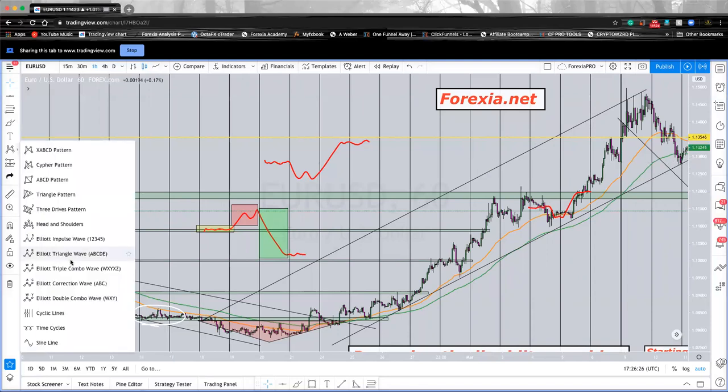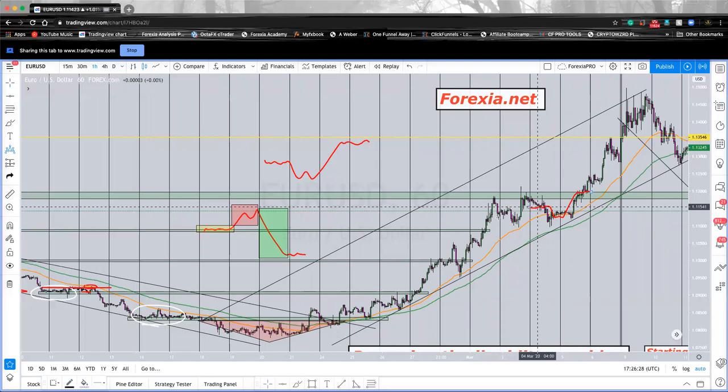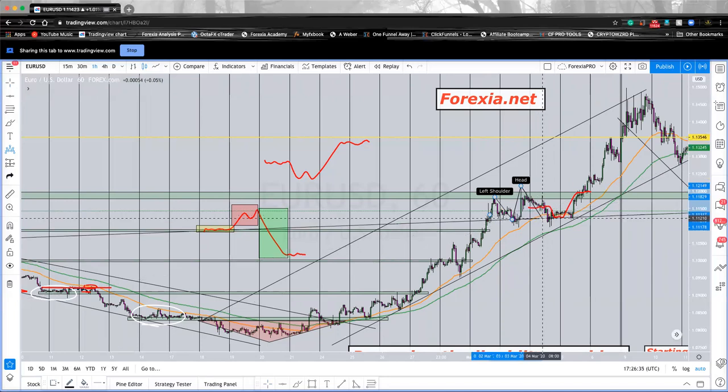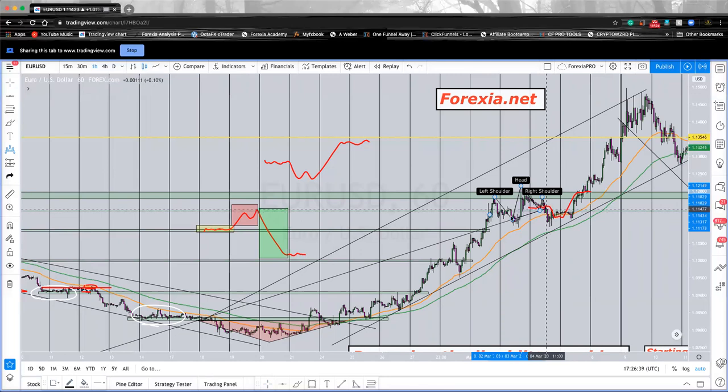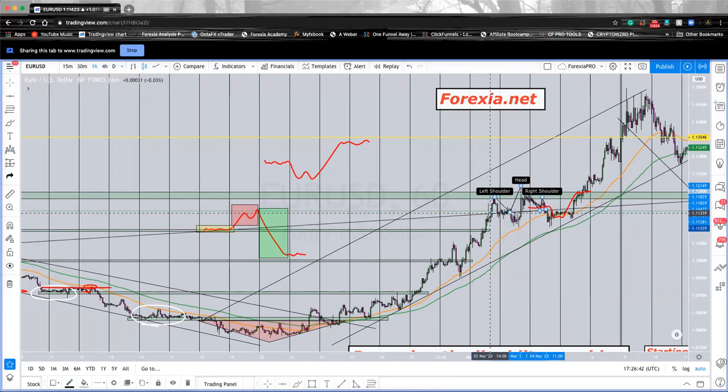This is a perfect head and shoulder. Let's take this up here. There you go.